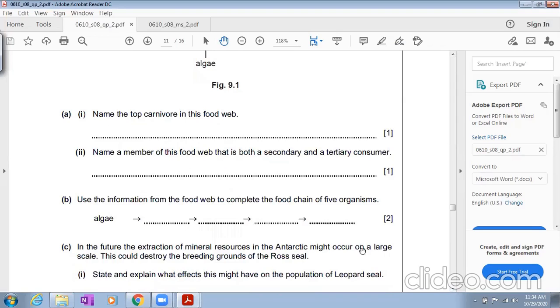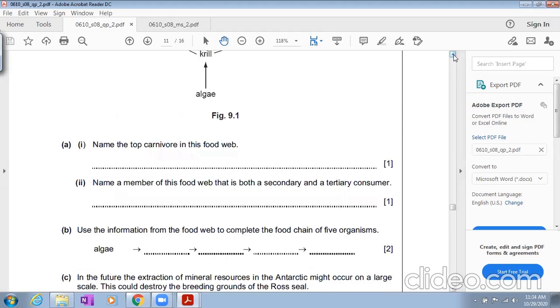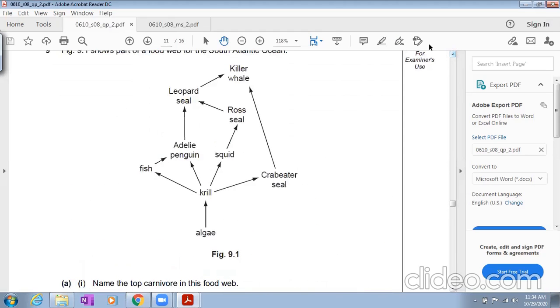Use the information from the food web to complete the food chain of 5 organisms. One food chain is already given to us, so we will search for the other 4. Search for 5 organisms, including algae. So algae is 1, then 2, 3, 4, 5. No, that's not right, so let me check another one: 1, 2, 3, 4, 5.